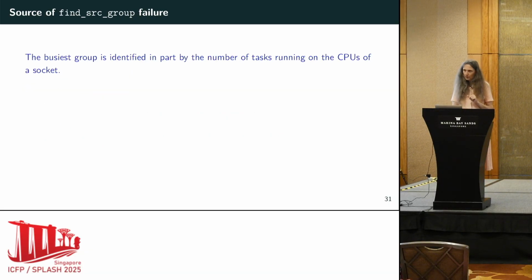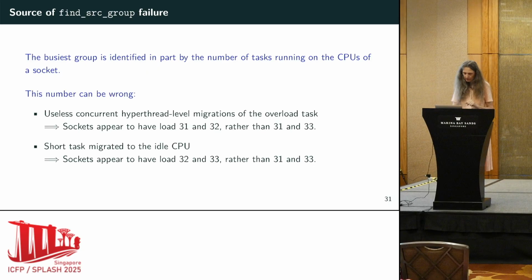That's one issue. Another issue is a group. If you think about the groups as the different NUMA nodes, remember we have 33 tasks trying to run on 32 CPUs. We should certainly find a busiest group, the one which is overloaded. But things can go wrong there as well.